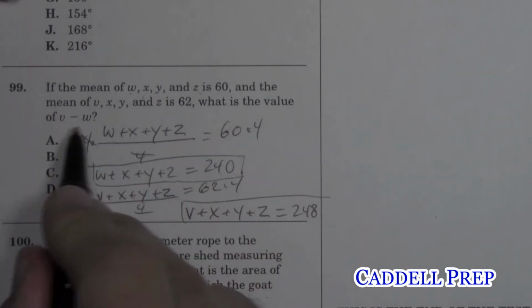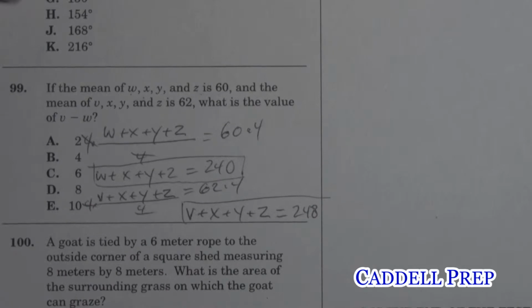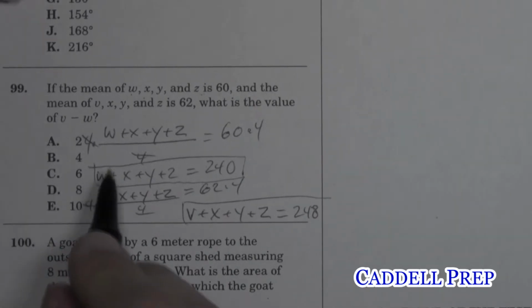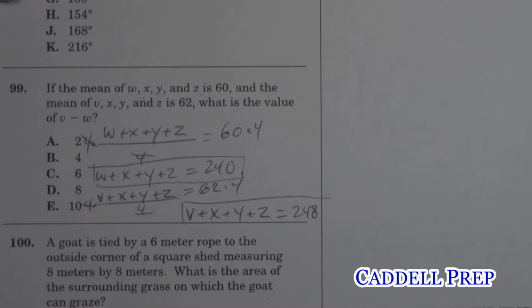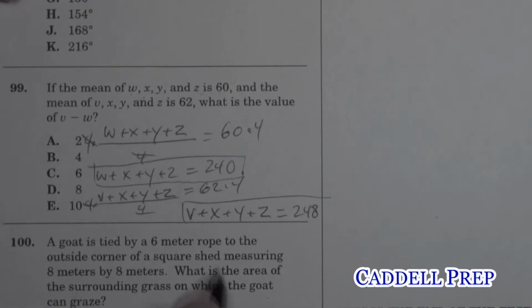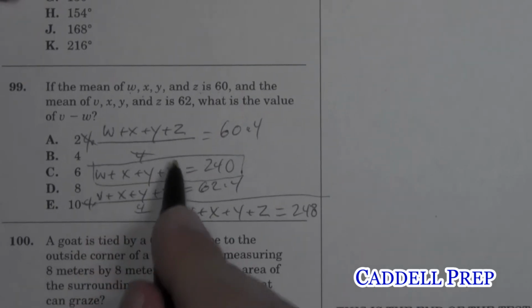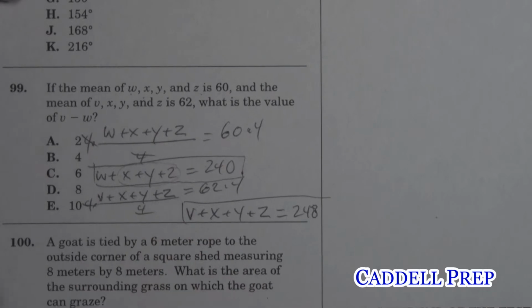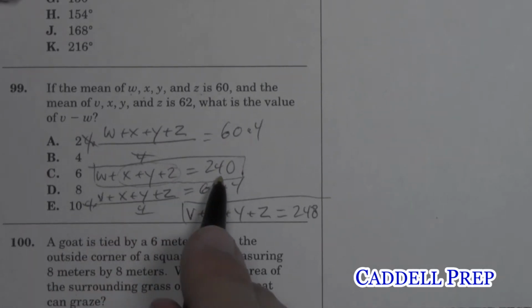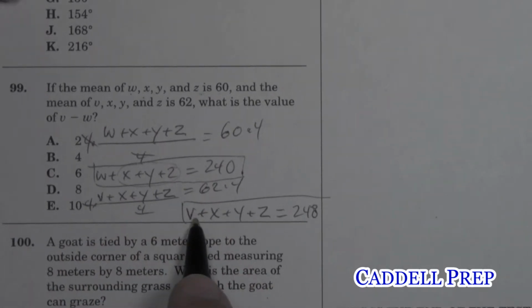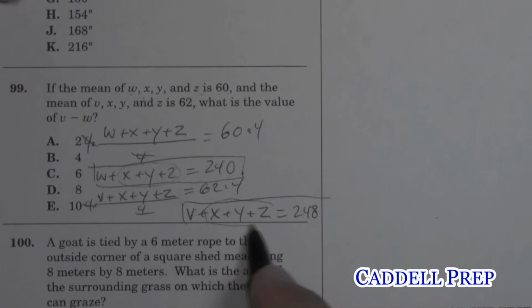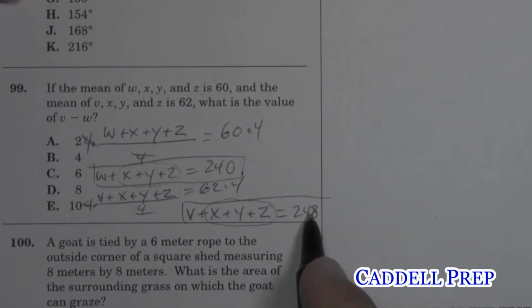Since they want to know what the value of v minus w is, it's really asking how much greater is v than w. So when we use w and we add x plus y plus z to it, we get 240. When we have v and we add x plus y plus z to it, we get 248.